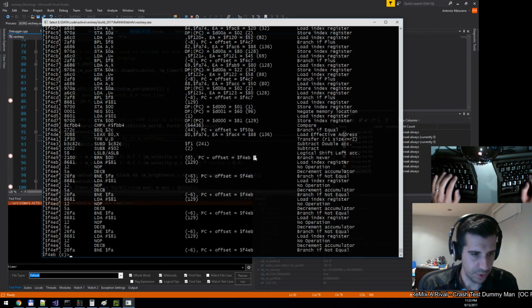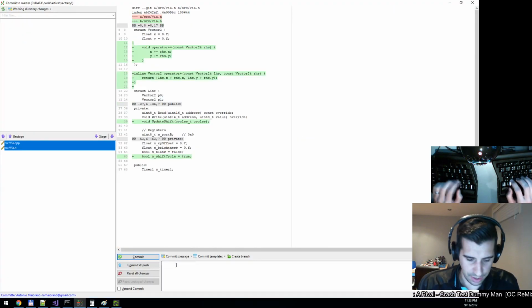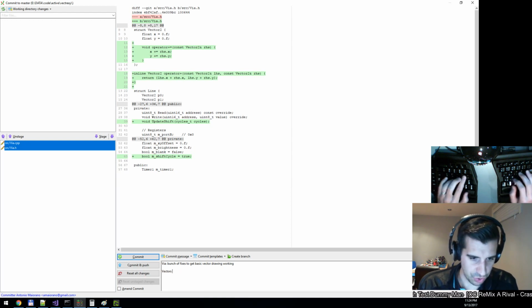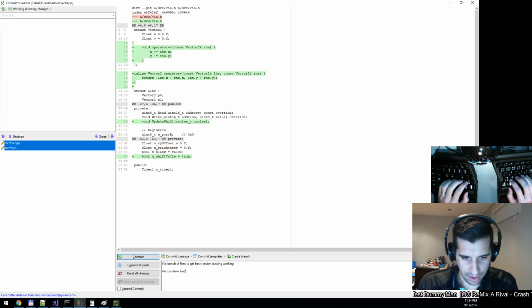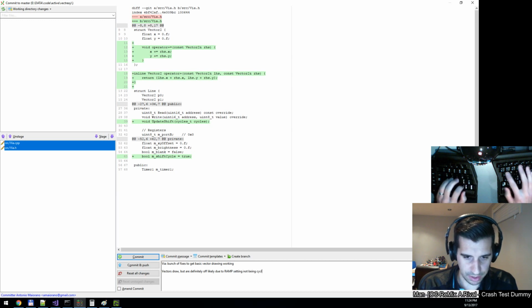Okay, this works. So let's get this committed. So I'm just going to say here via bunch of fixes to get basic vector drawing working. Timing is off. I'll just say vectors draw, but are definitely off, likely due to ramp timing, so ramp setting not being cycle accurate.